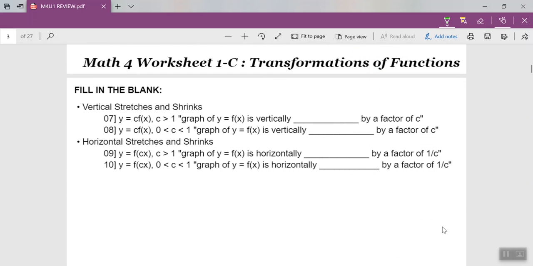Now, as far as shrinking and flattening, if the number in front is bigger than 1, it is stretching. I said shrinking and flattening. It's stretching, stretched by a factor of c. And if it is between 0 and 1, if it's less than 1, you are flattening.